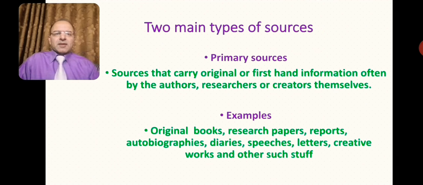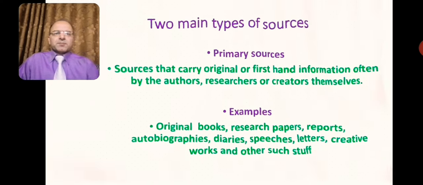So if you have access to the original book related to your area of research. Similarly, original research papers and reports, autobiographies, diaries, speeches, letters, and creative works and other stuff in its original form. So if you have access to these in their original form, they will become primary sources for you as a researcher.